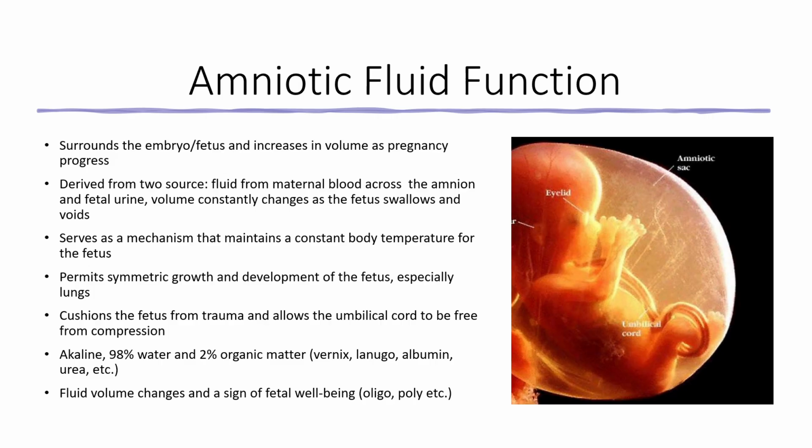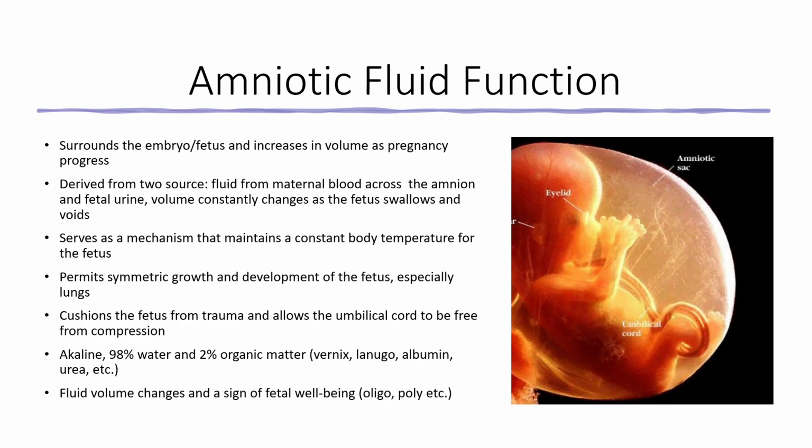During the development of the fetus, the fetus will also surround itself in an amniotic sac. This is where the fetus is protected from any type of outside exposure, outside trauma, and so forth.